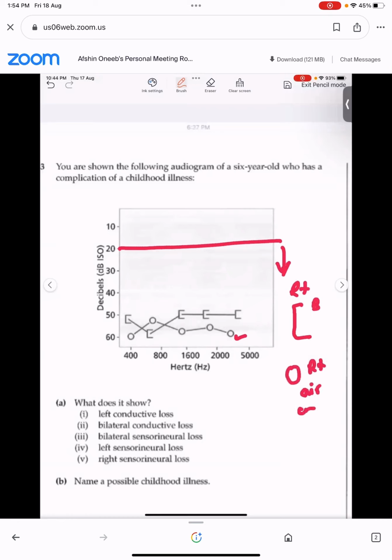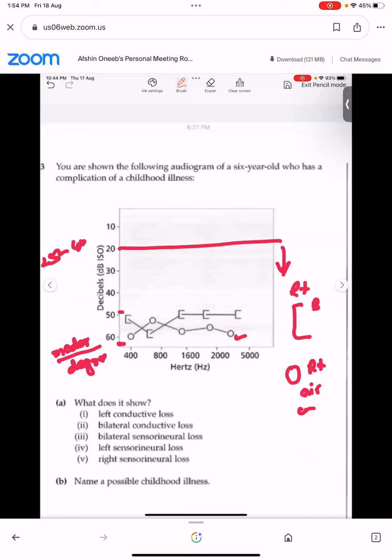So bone conduction and air conduction are abnormal on the right side. Okay, what is the degree of the hearing loss? Between 50 and 60. It's moderate degree. It's not mild. Mild is between 25 and 40. All right. It's moderate degree.